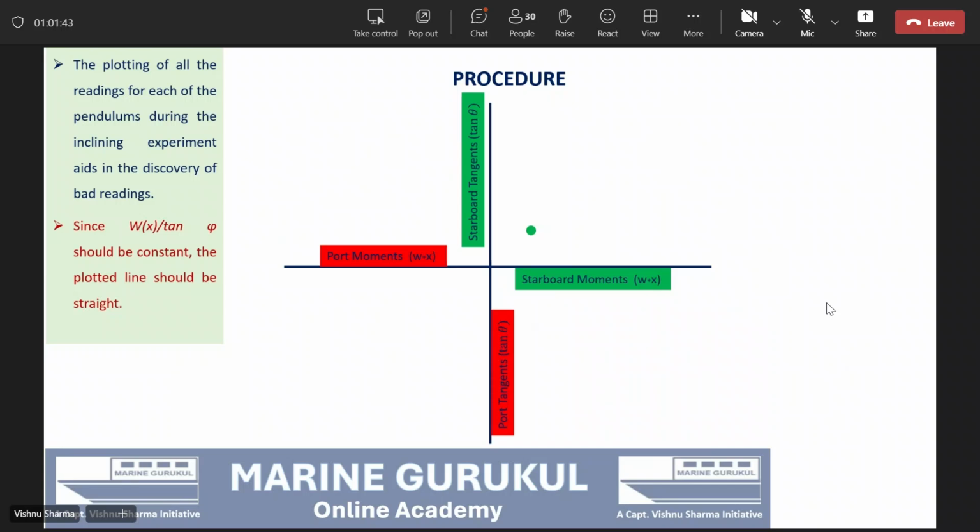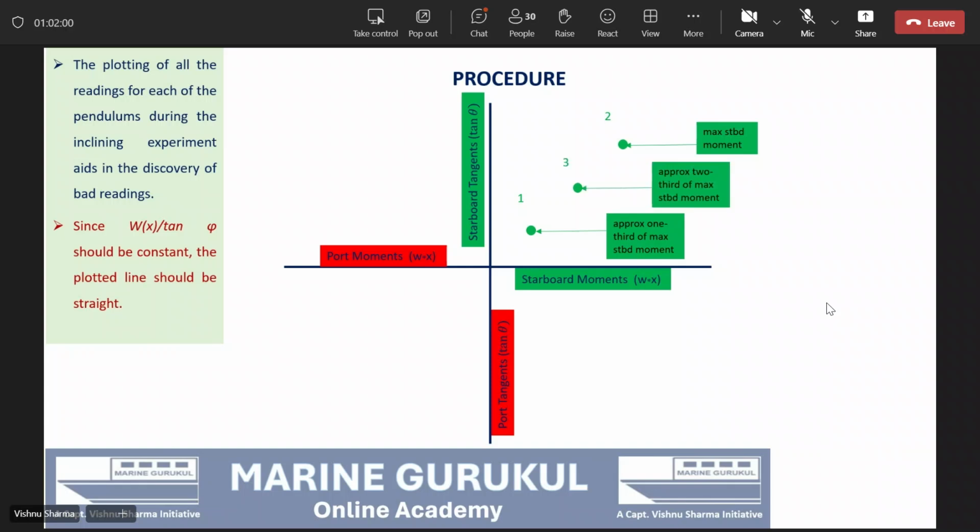First weight shifted. This is 1. This is about 1/3 of the weight shifted to the starboard side. Then the second weight is shifted to the starboard side, maximum starboard movement. Then third is when you shift one back. Now one has shifted back, so you get the third point.